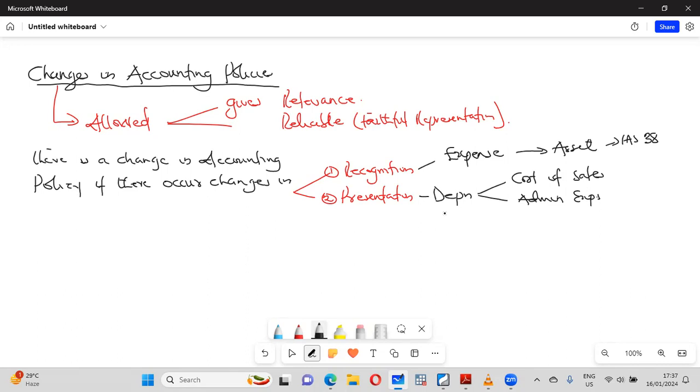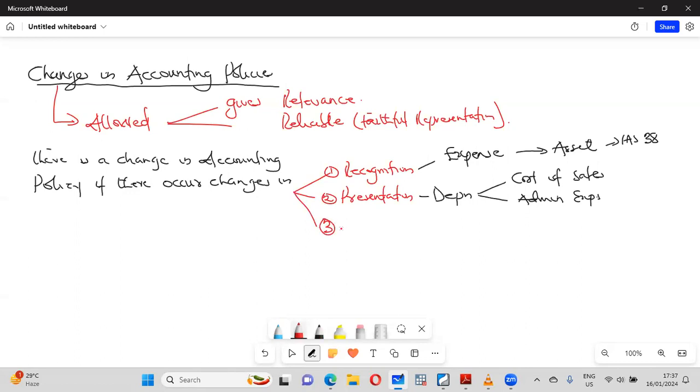But in that building, there might be an administrative aspect that is used. I think those of us who went through cost accounting know we have to use square meters to apportion this kind of depreciation, but in financial reporting, we tend to bulk everything up, either cost of sales or administrative expense. So that choice is there. So when it happens like that, that change is also an accounting policy change.